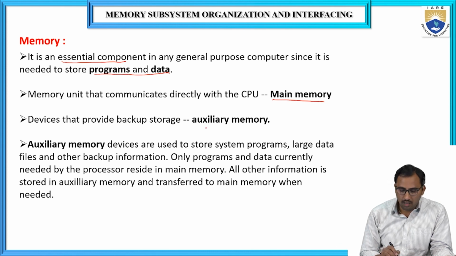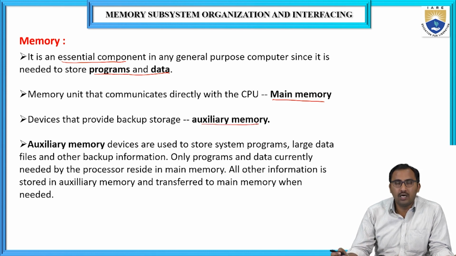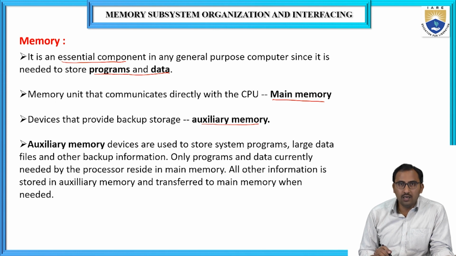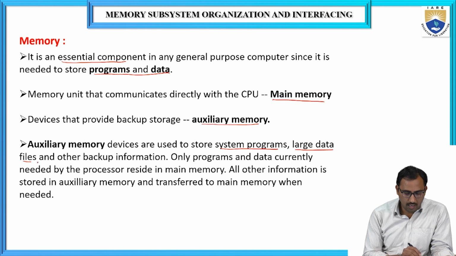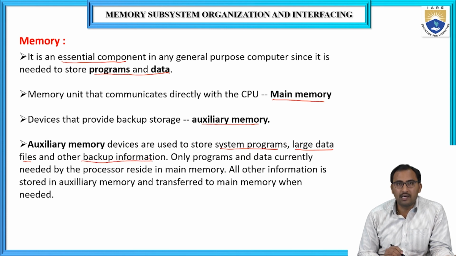And coming to the auxiliary memory, the auxiliary memories are the devices which can be used for backup purposes. That means for future purposes, we are storing the programs and data. Such types of devices are called auxiliary memory devices. In auxiliary memory devices, we can store system programs, large data files, and other important backup information.